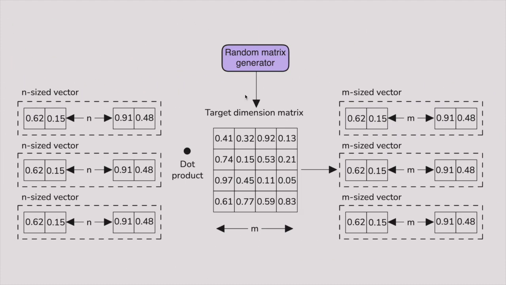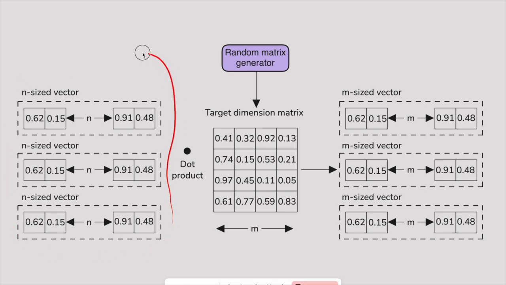Let's start with the compression algorithms, and the first one is going to be randomization. So in this case, we are given n-size vectors, as you can see on this diagram, we have multiple vectors of size n, which means they have n dimensions. And let's say that vector represents 100 dimensions, which means it's a very, very accurate representation of whatever the original object was.